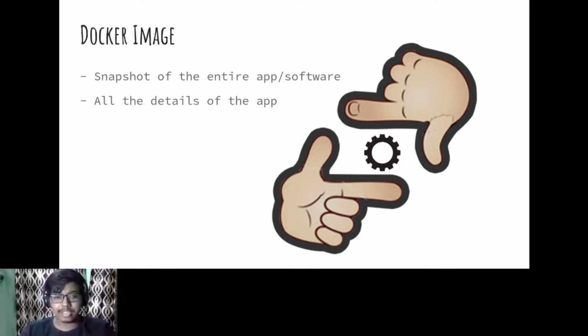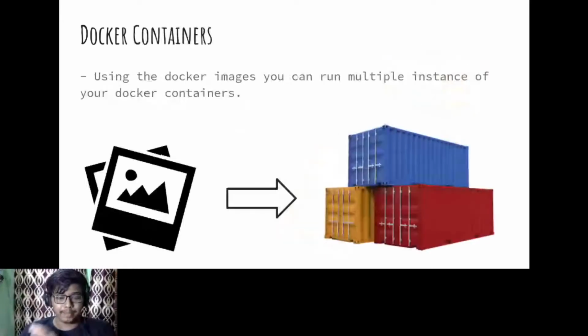Similarly, a Docker image is just on the disk, like the data and metadata of the running instance. When you run that image and spawn a container out of it, that running instance is called a Docker container. If it's still not clear, just hold on. When we move on to the hands-on lab and try out the commands, I hope it will get much clearer.